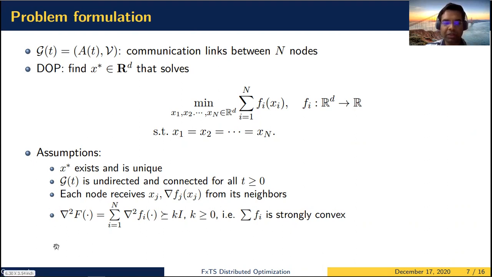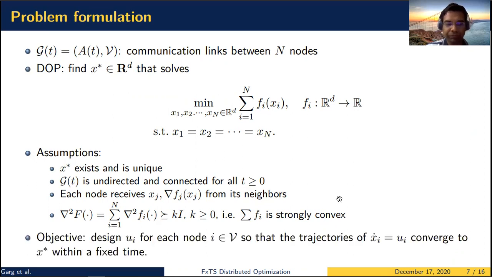And the Hessian of the summation of these functions is strongly convex. So again, we do not assume that individual functions fi's are strongly convex, but their summation is. And this assumption is very easy to satisfy. Even if one of the functions is strongly convex, then the summation would be strongly convex. So it is a relaxation of the common assumption used in the literature.